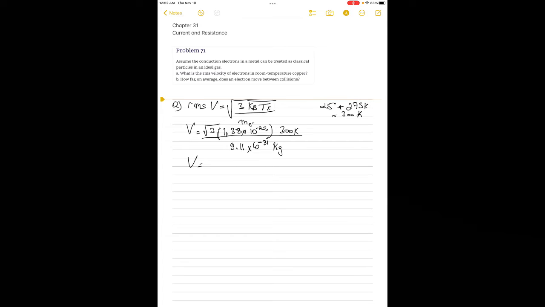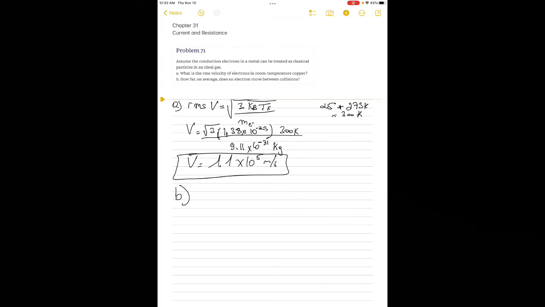And this velocity will give us 1.1 times 10 to the power of 5 meters per second.